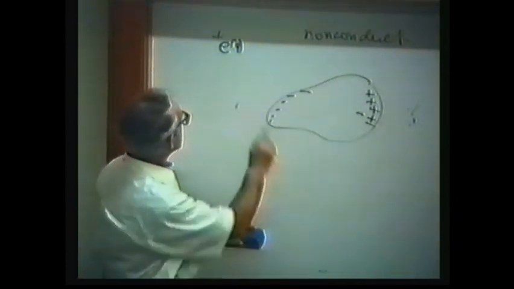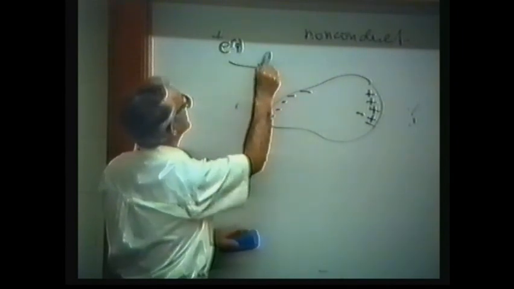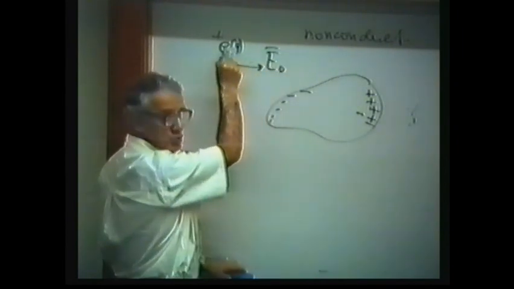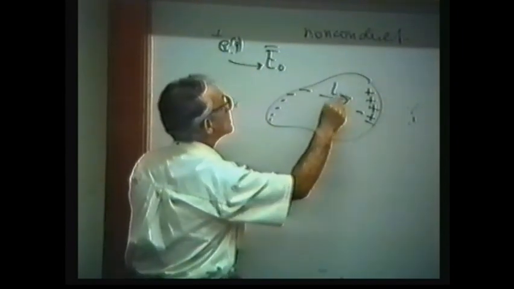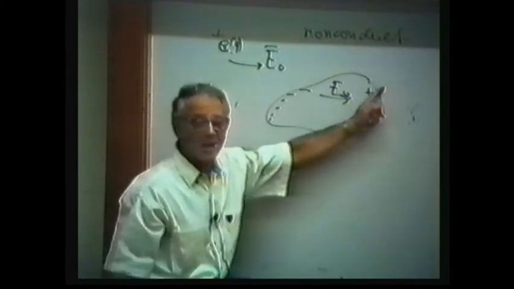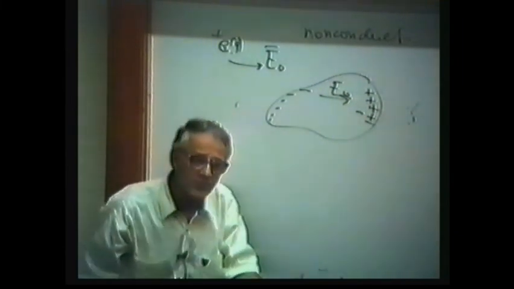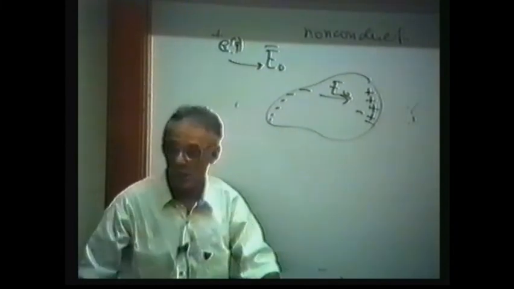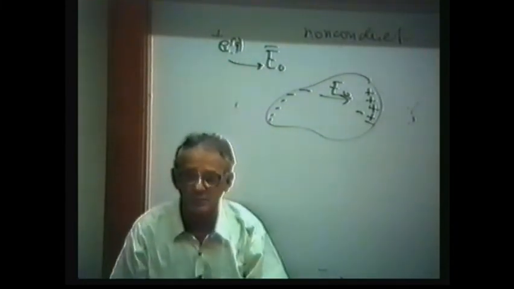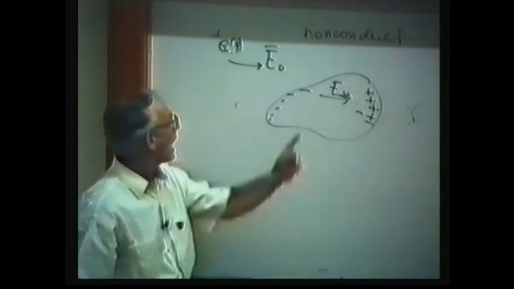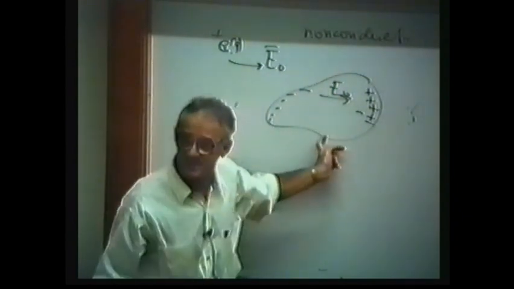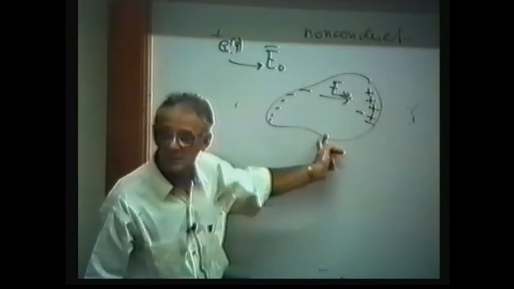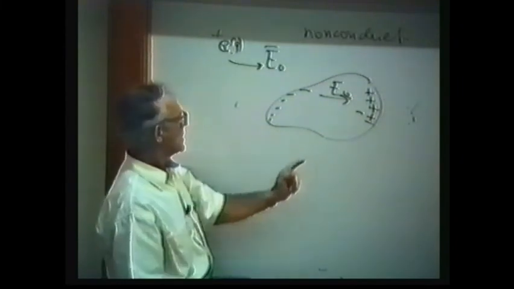Now, we have our primary electrical field. Let us call it primary, due to this charge. But since charges appear at the surface, they also create an electrical field. They create it outside and inside. True? True.